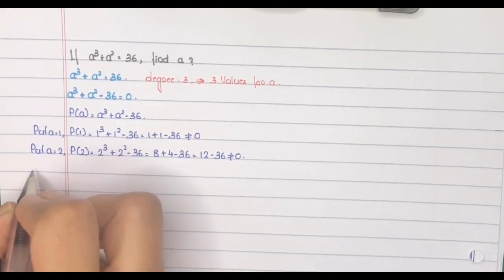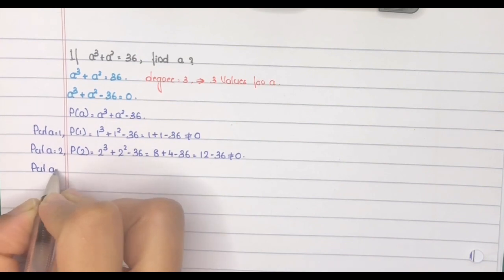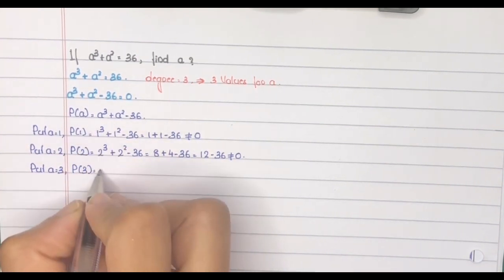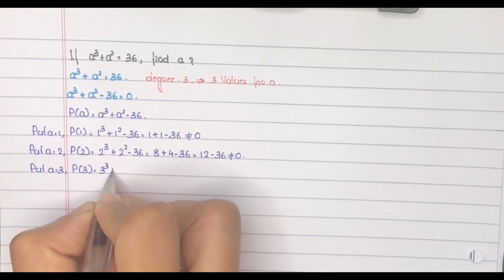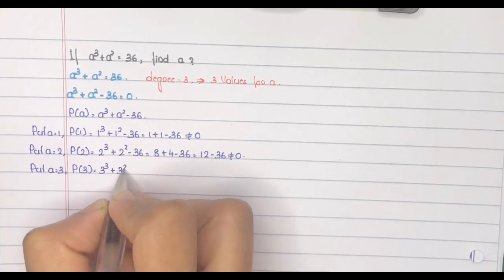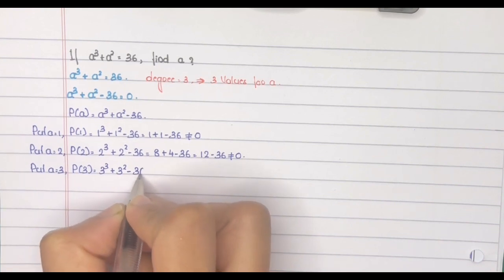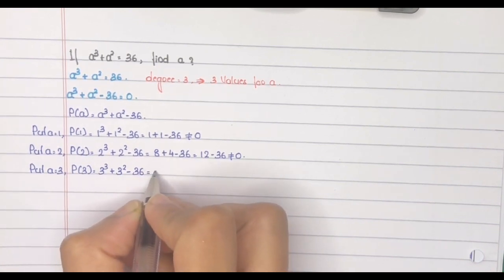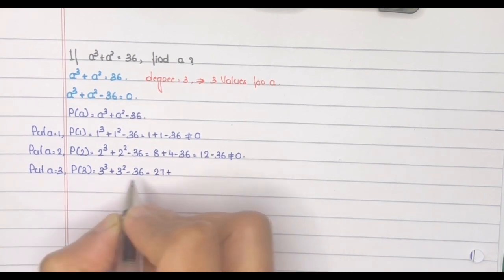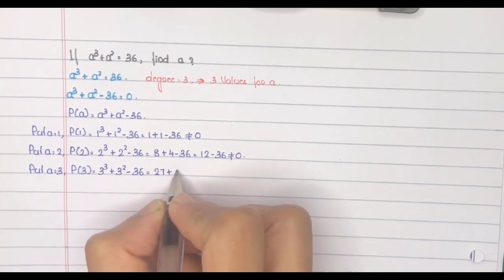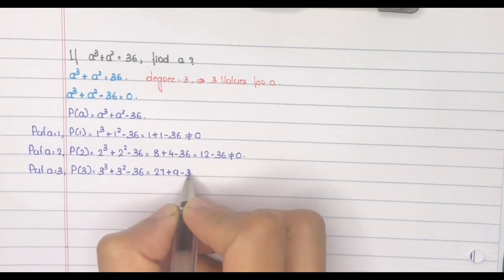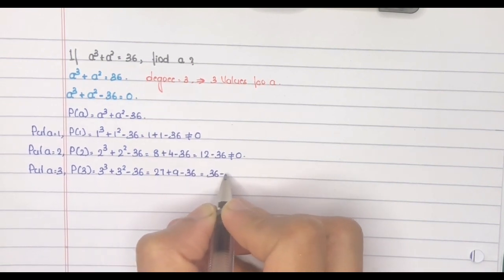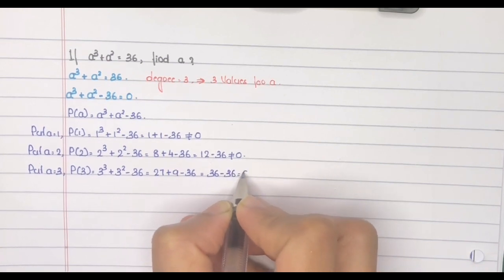Next put a is equal to 3. P of 3 is equal to a cube plus a square minus 36. 3 cube, 3 into 3 is 9, into 3 is 27, plus 3 square, 3 into 3 is 9, minus 36. 27 plus 9 is 36, minus 36 is equal to 0.